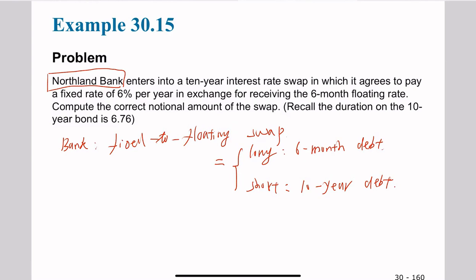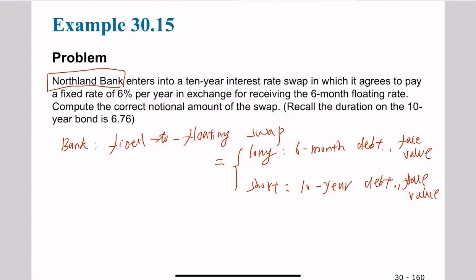And now, let's go back to the question. You need to compute the correct notional amount of the swap. And we know that the notional amount of the swap would be the same as the face value of the debt. So essentially, we want to solve for the face value, that is, how much long-term debt the firm wants to sell and how much short-term 6-month debt the firm wants to buy.